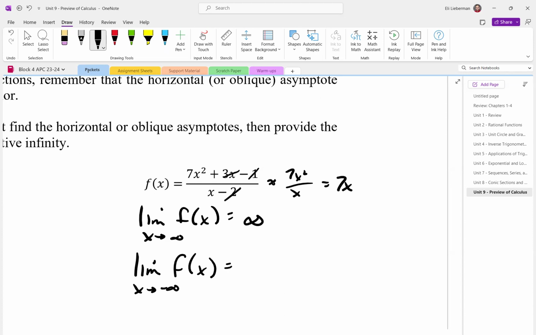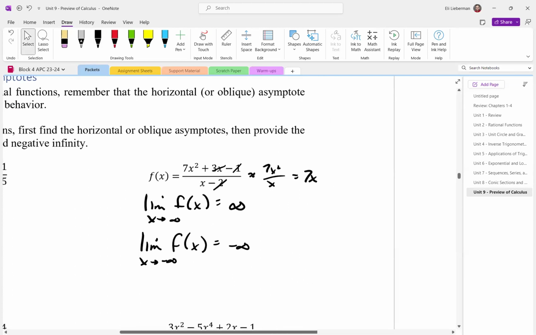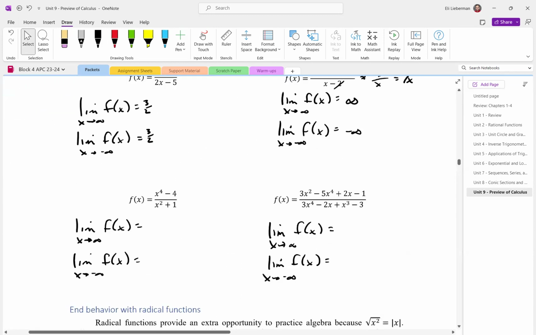And as x goes to negative infinity, negative infinity. And if you wanted to find the slant asymptote, you would have to use either synthetic division or long division. Or Desmos, I guess. I think synthetic or long.